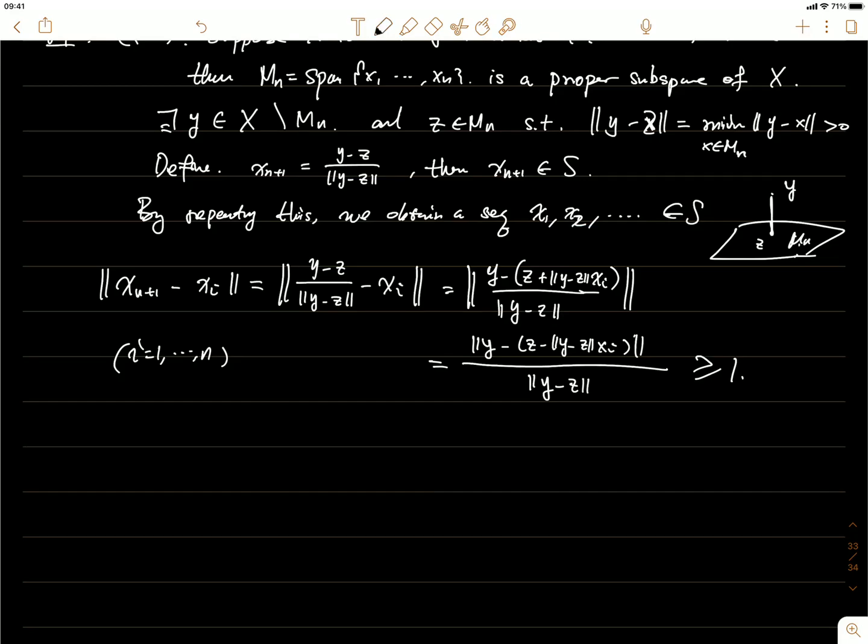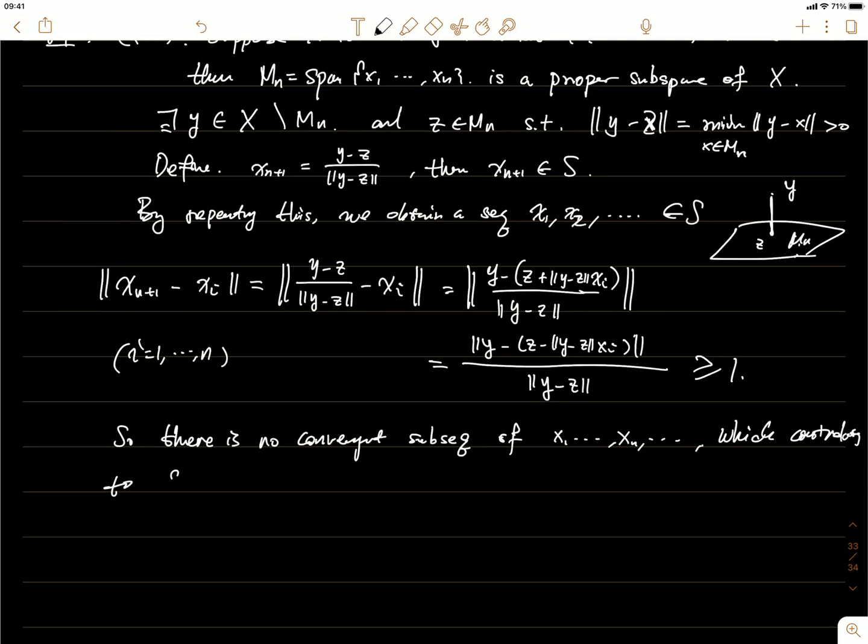So this contradicts, so there is no convergent subsequence of this x sequence here, which contradicts the sphere being sequentially compact.